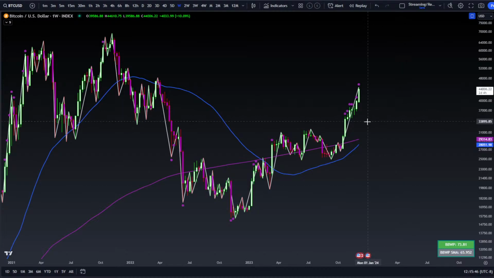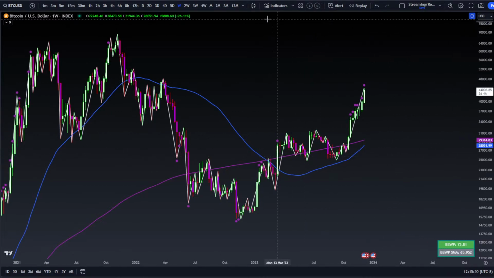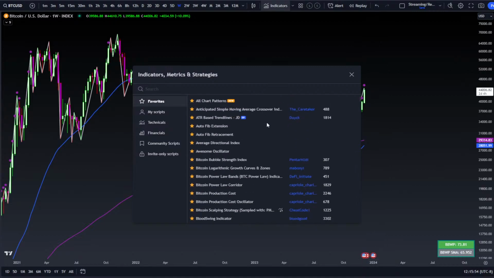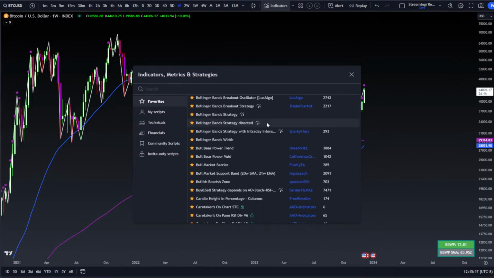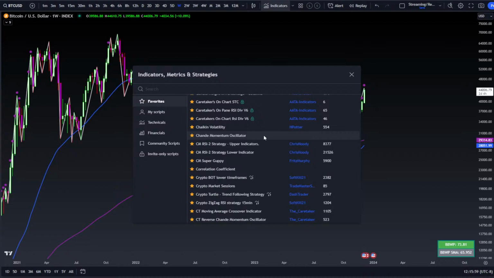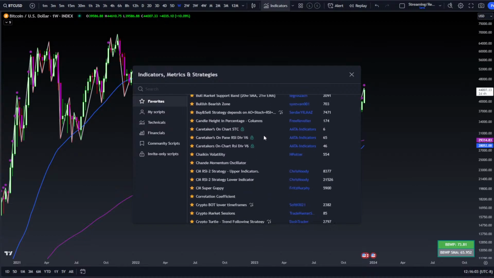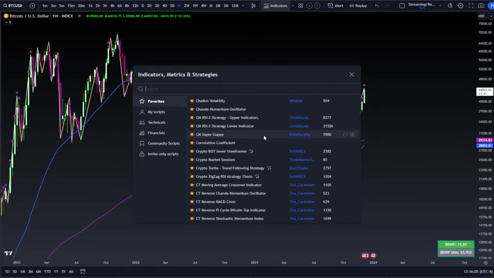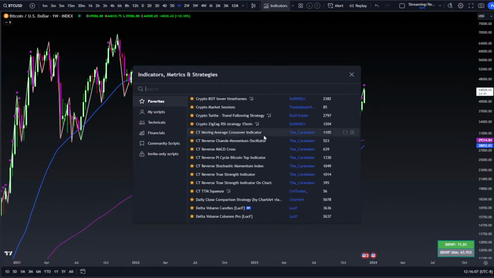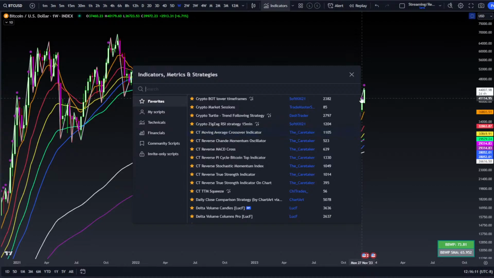It will get closer, but we're going to see both the 200 and the 50 simple moving average rise. I won't bore you with the mathematical details here, but there is an indicator that I referenced earlier this stream, and it's Caretaker's moving average crossover. There it is, CT moving average crossover indicator by the Caretaker.